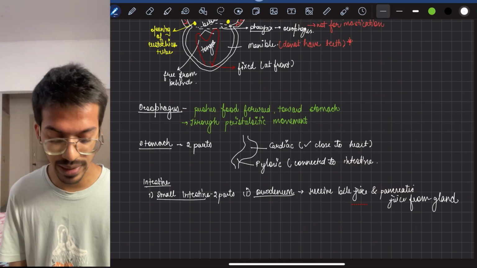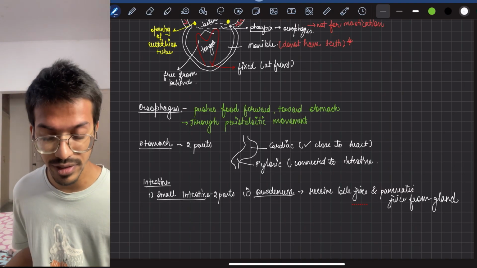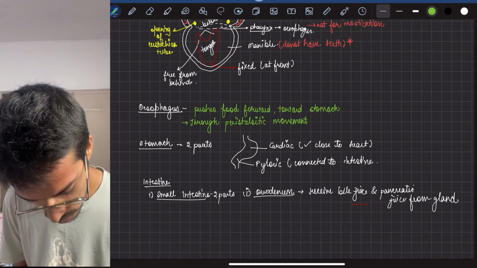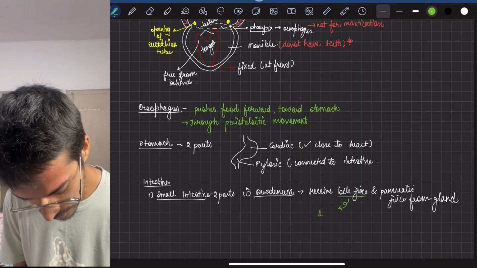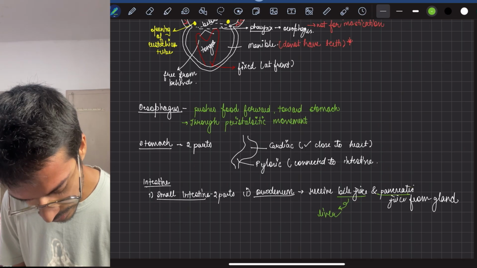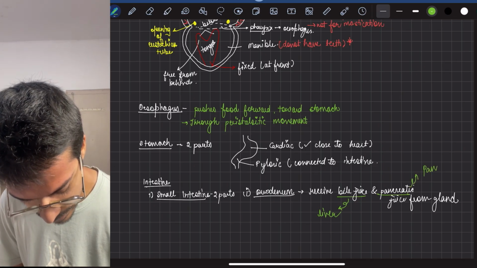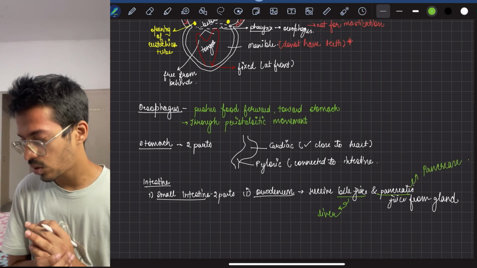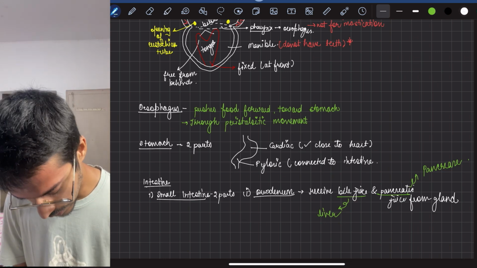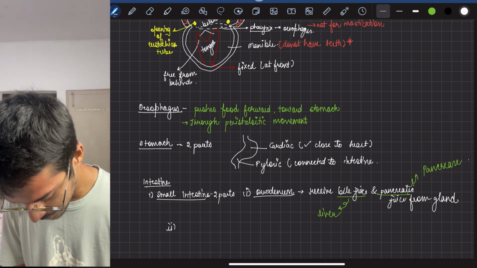Which gland? The bile juice will be secreted by the liver, and this will be secreted by the pancreas. The second part of it is the ileum.